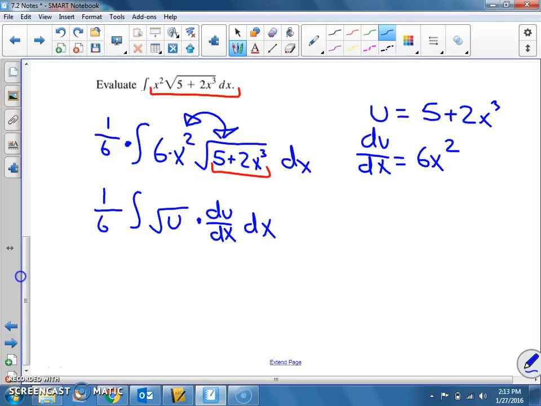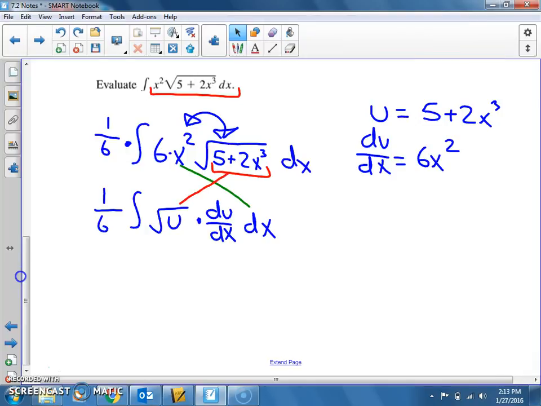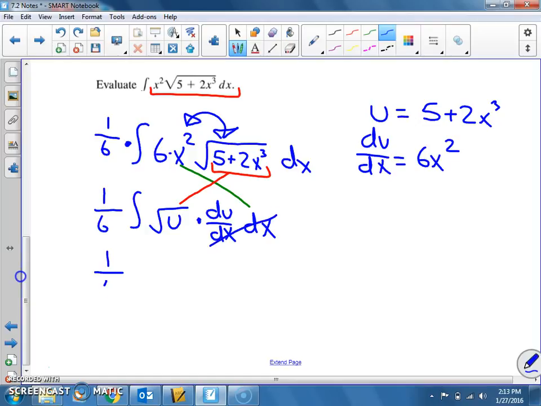This is my du dx, and this is my square root of u. Now what happens with the dx's? They cancel. So I'm left with 1/6 integral of, and I like working with fractions, that's what we normally deal with, so u to the 1/2, and then just du.